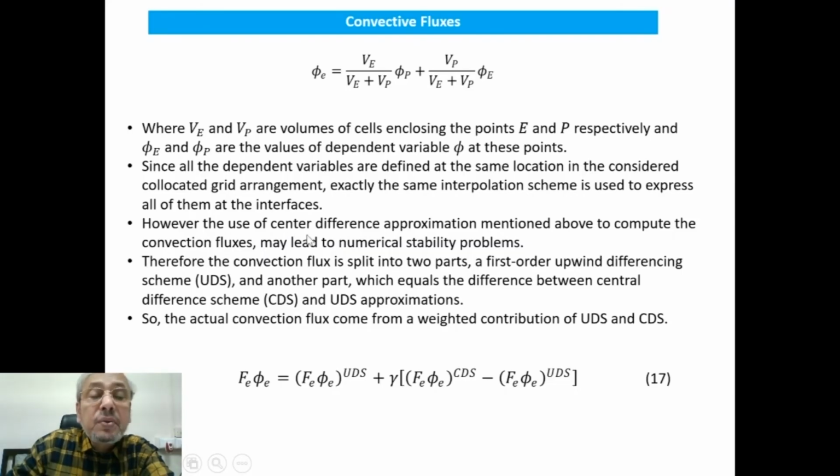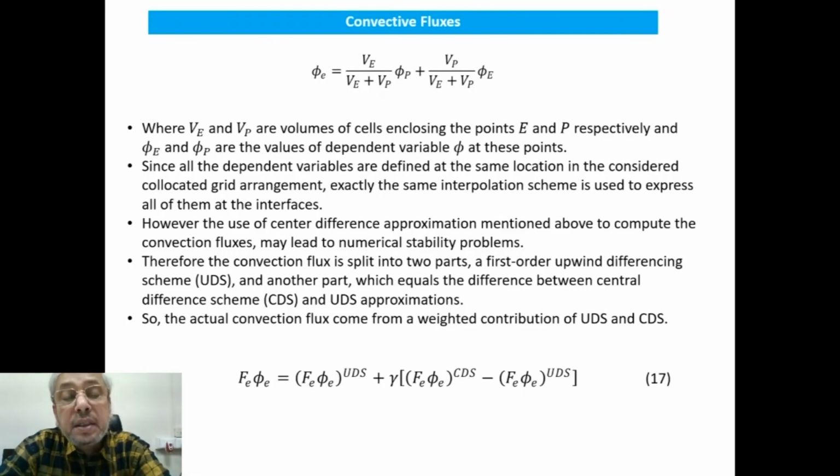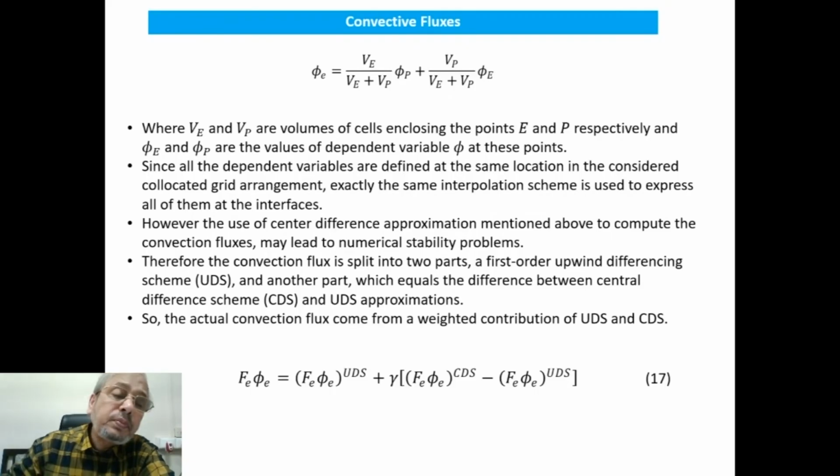However, the use of the center difference approximation mentioned above to compute the convection fluxes may lead to numerical stability problems. We have seen earlier that central difference sometimes, for high velocity flows, can give stability problems.